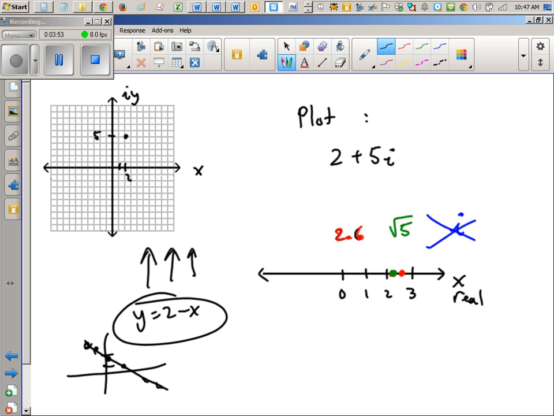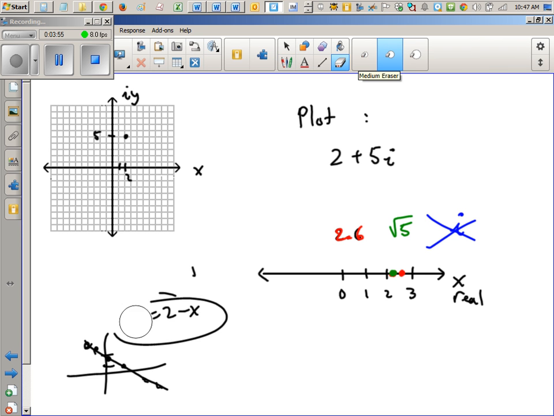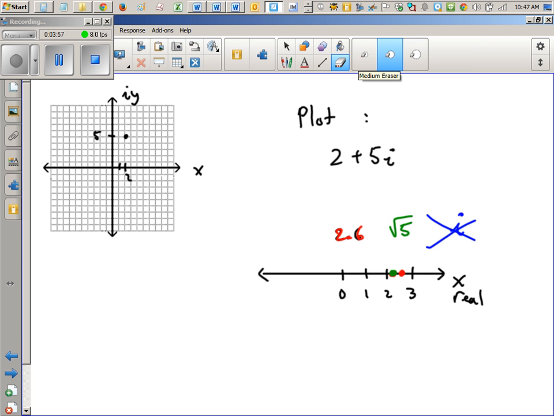But now we've come to a simpler question, so we're back to just plotting a single number, but where should we plot i? Where should we plot 2 plus 5i? Where do they belong? We can't put them on a number line. So the mathematicians decided, look, we have to have a way to plot this.